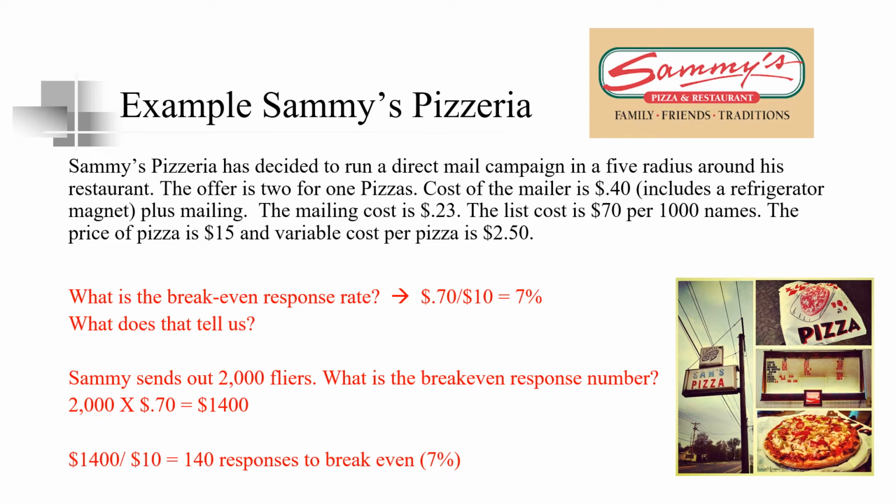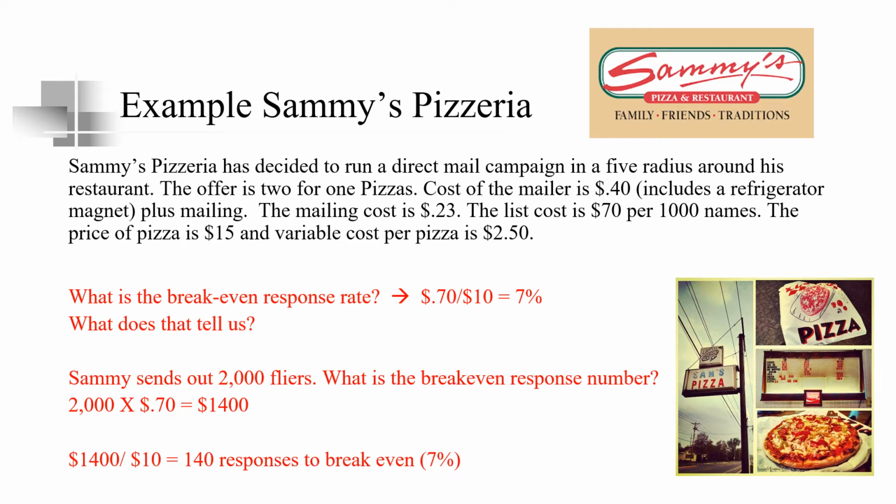The offer is 2-for-1 pizzas. The cost of the mailer is 40 cents, including a refrigerator magnet, plus mailing. The mailing cost is 23 cents. The list cost is $70 per 1,000 names, or 7 cents a name. The price of the pizza is $15, and the variable cost per pizza is $2.50.